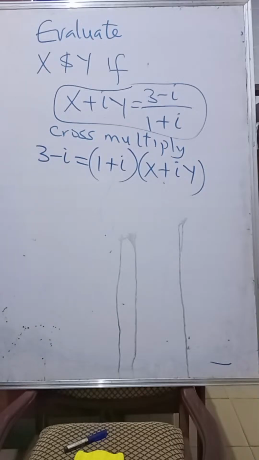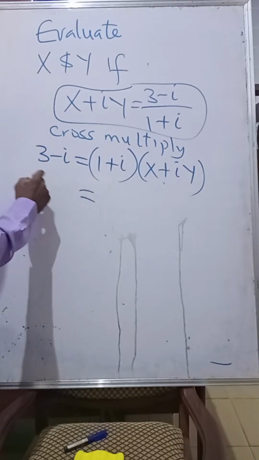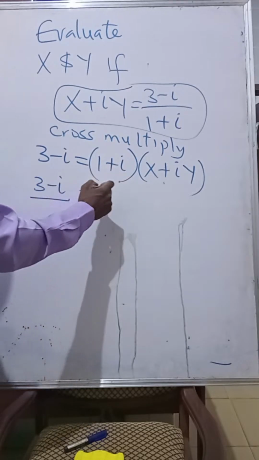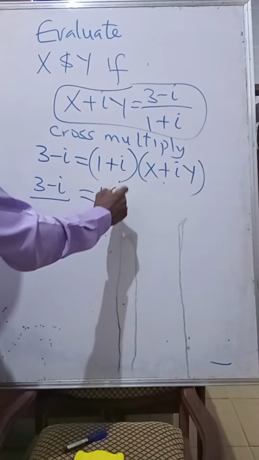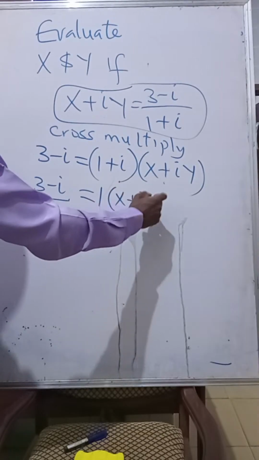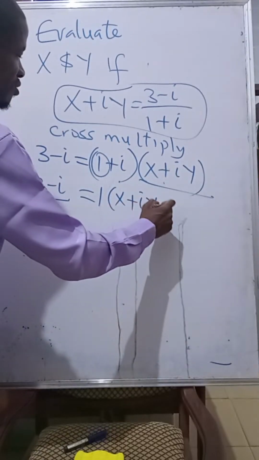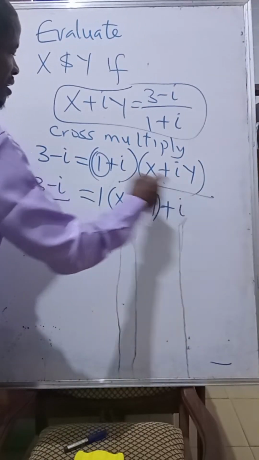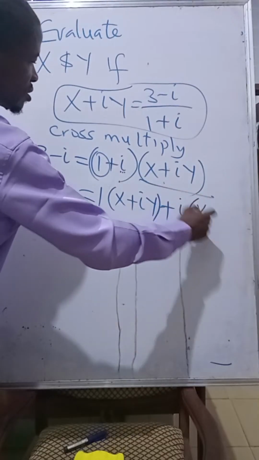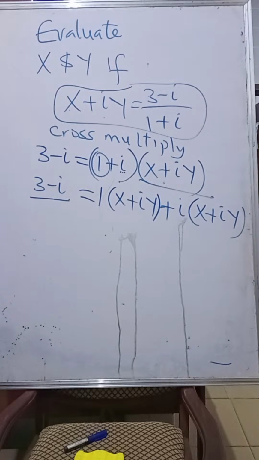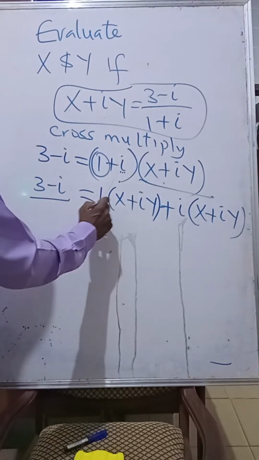So what we're going to do now, there's nothing you can do on the right side. Do the expansion of this one, which will be 1 times this one. 1, the first one, times this one. Then plus the second one, i, times this one. Okay? So for the right hand side, we have this one times this one.